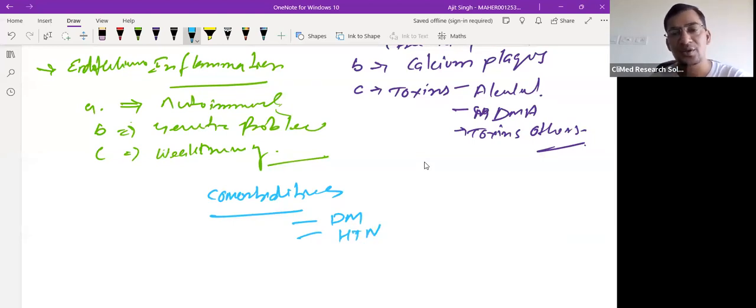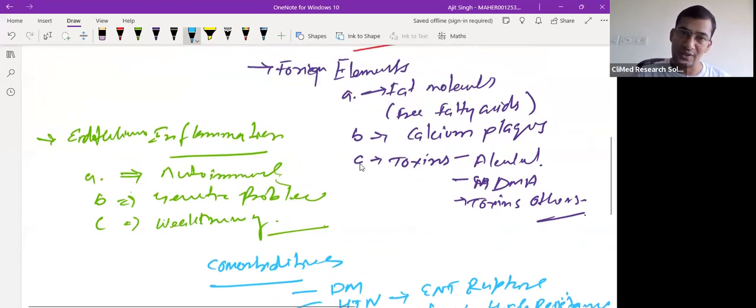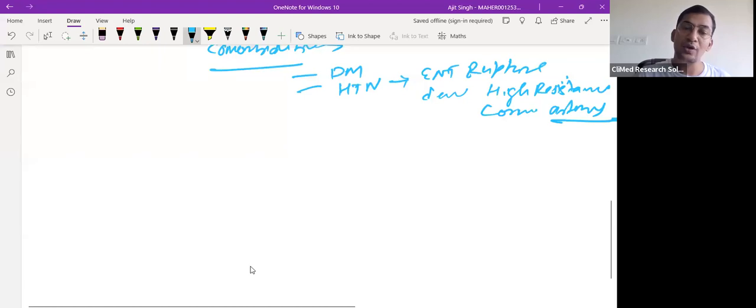Hypertension is directly related to endothelium rupture due to very high resistance in the coronary arteries. Got it. Due to very high resistance in the coronary artery, it can happen.